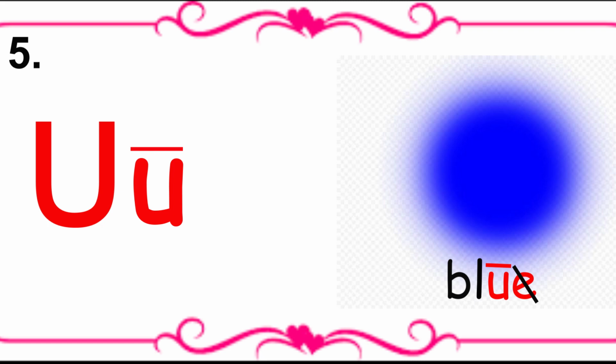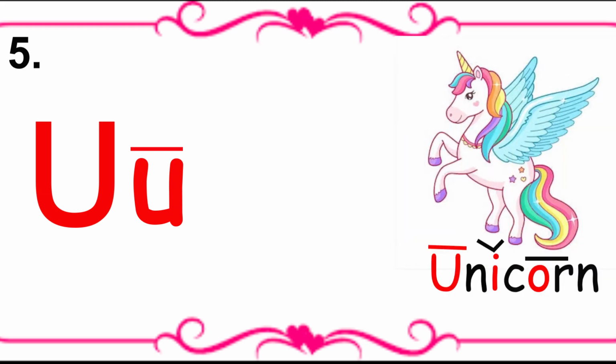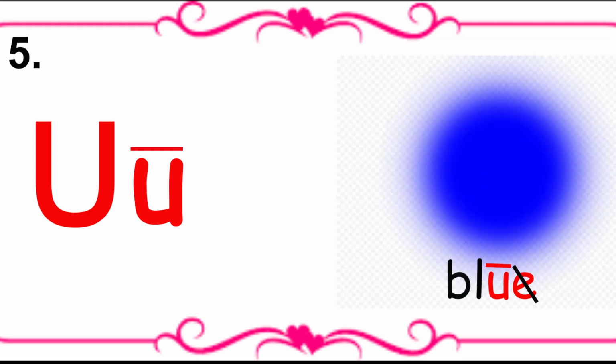Sometimes the letter U just says ooh, so you don't hear the y sound. So the long letter U can say you with the y sound, and it can also say ooh without the y sound. So you have it in blue.